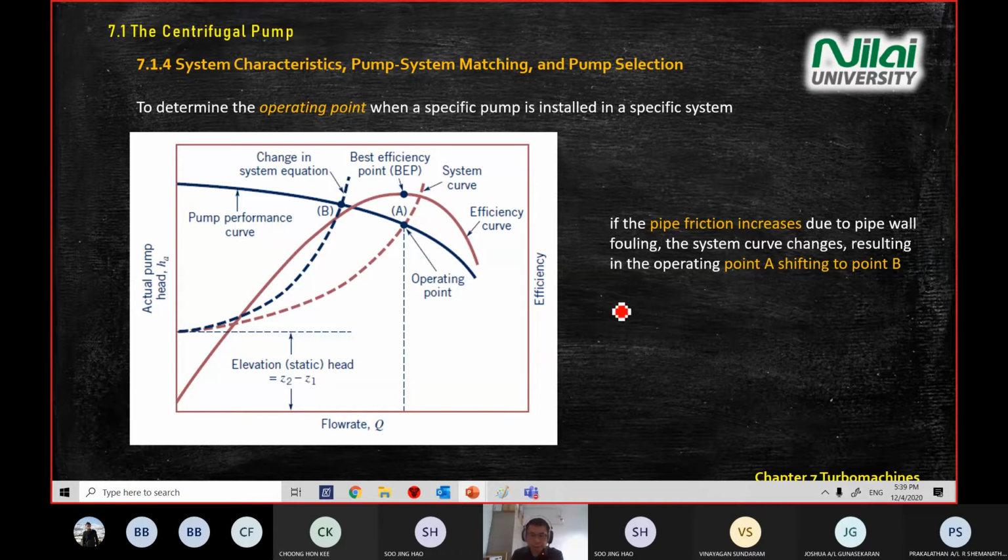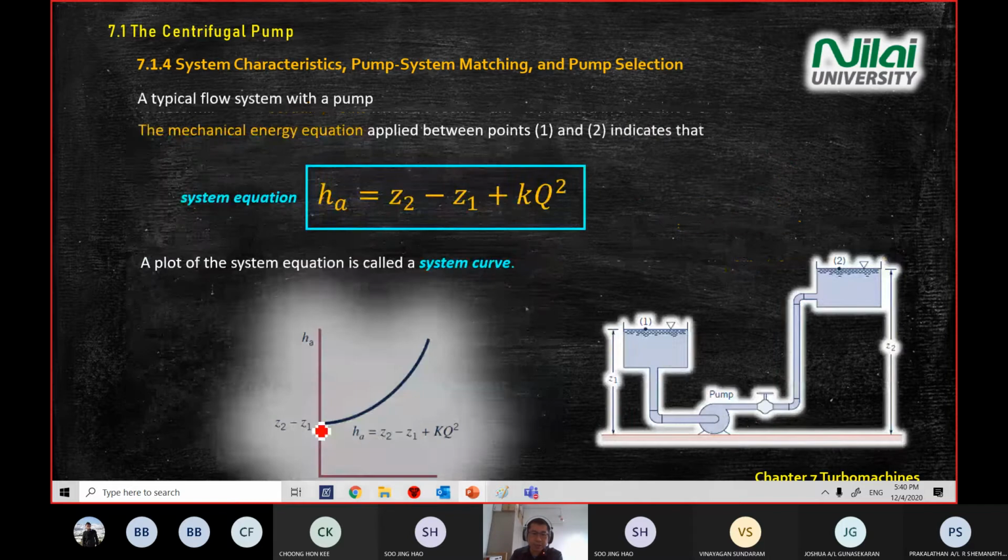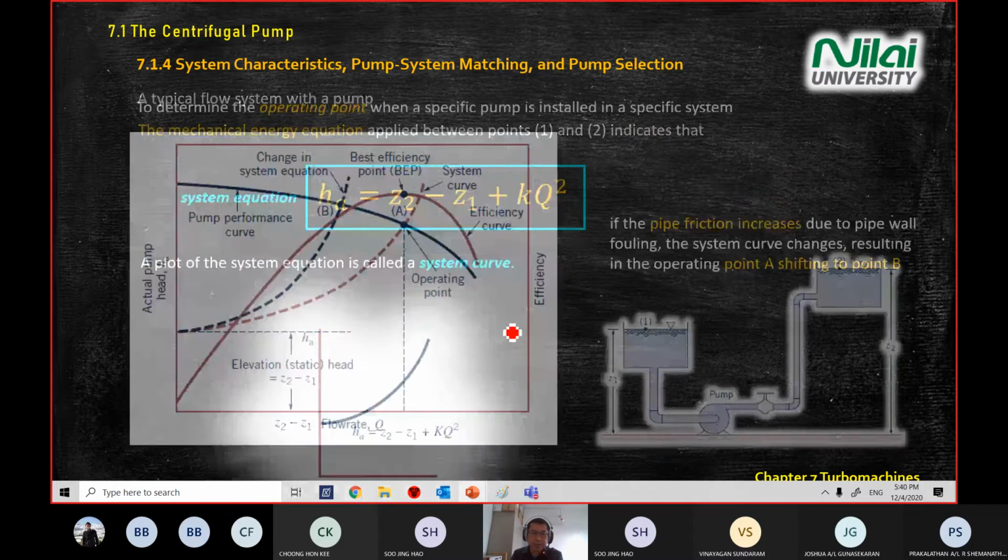So by default, how do you choose a pump? You have three axes: HA, Q, and efficiency. So I'll use this symbol for efficiency. On the graph of HA versus Q, you have this curve, this shape.